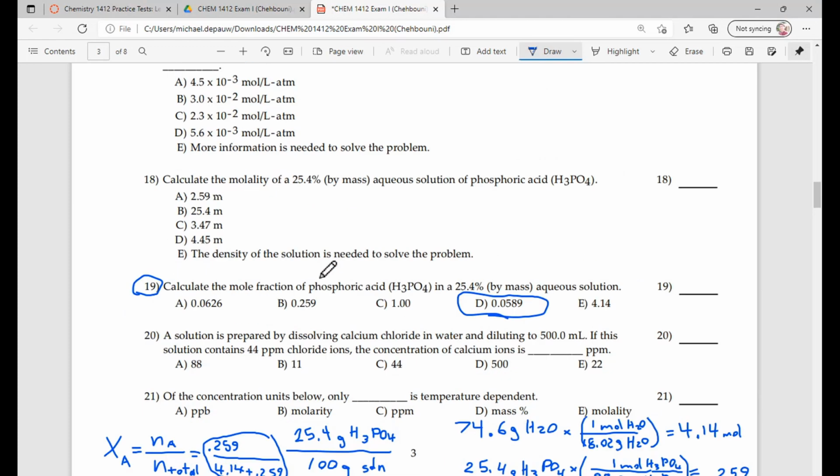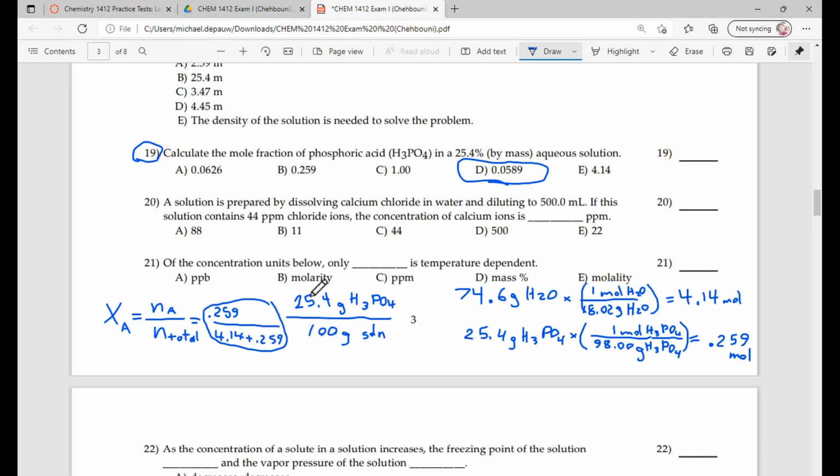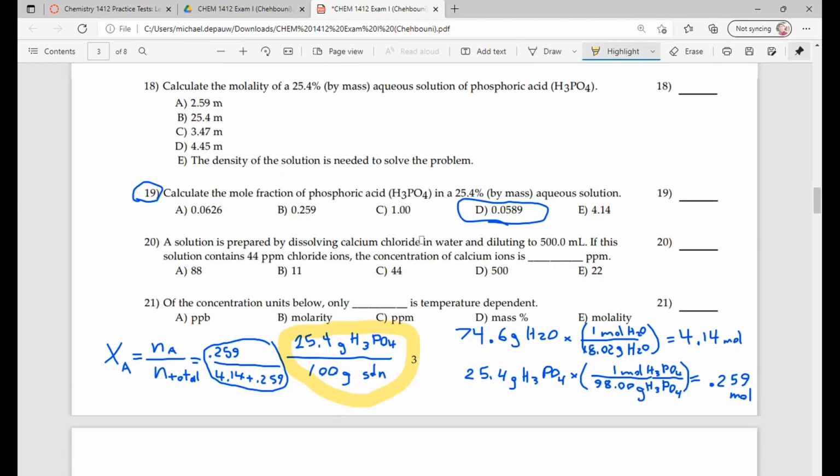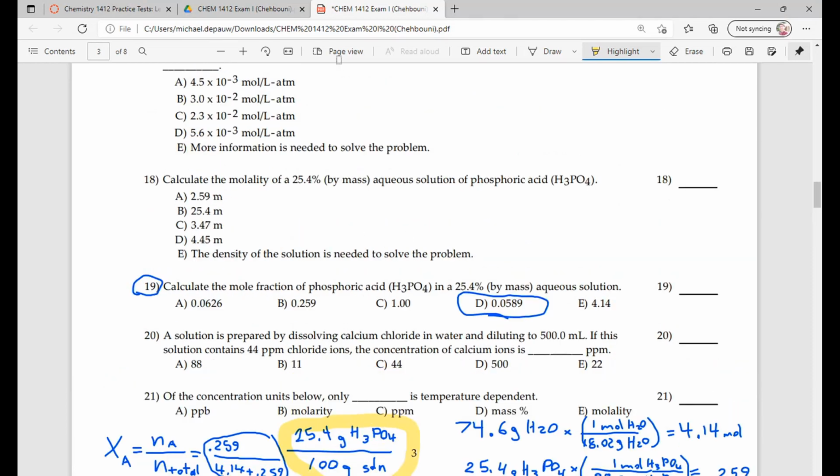It says calculate the molality of a 25.4% by mass solution of phosphoric acid. Okay, so actually, this is even easier. All you have to do is start with the same thing that we did last time. Remember how we started out with this? We do the same thing for this one up here.